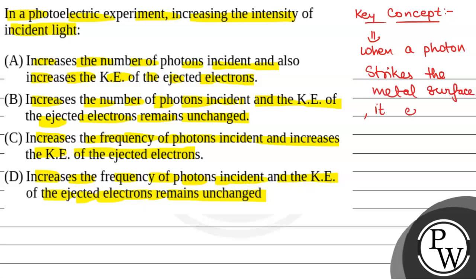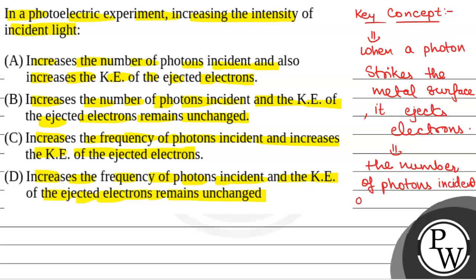It ejects electrons. This is as per Einstein's theory of the photoelectric effect. And also the number of photons incident on the surface increases when the intensity of light is increased.